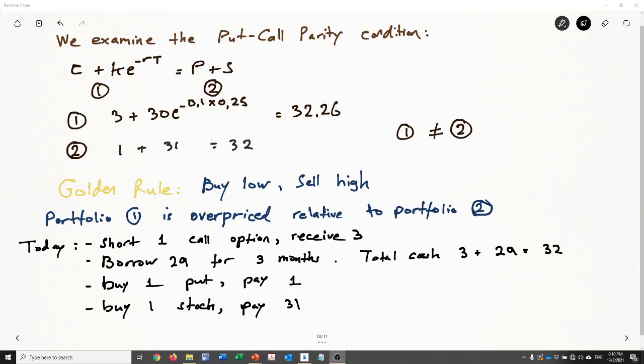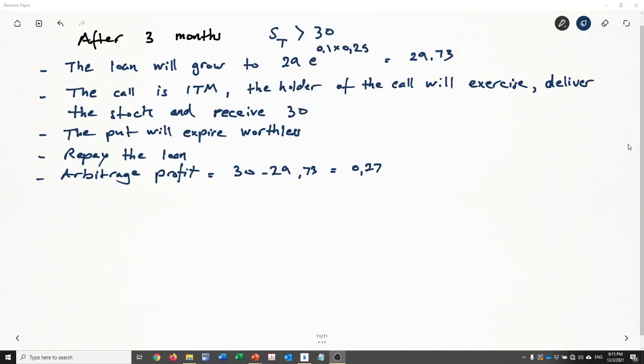What could happen after 3 months? Let's see. Let's look at the scenario when ST is greater than 30. First, the loan will grow to 29.73. The call option will be in the money because ST is greater than the strike price.